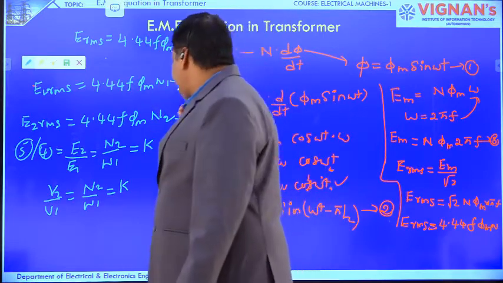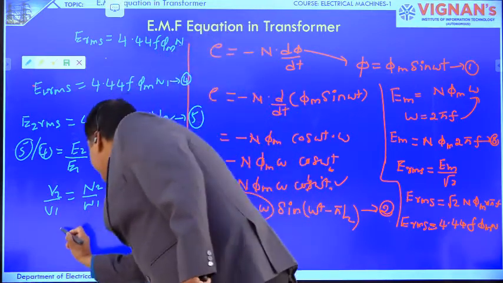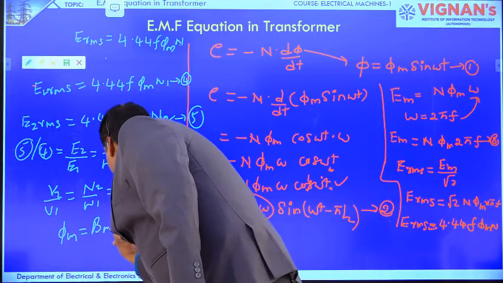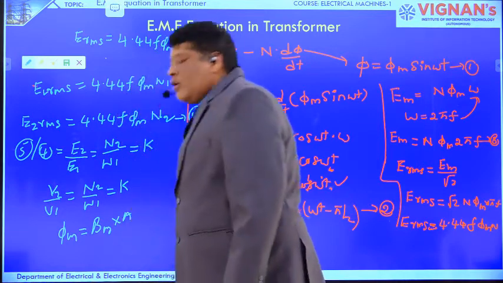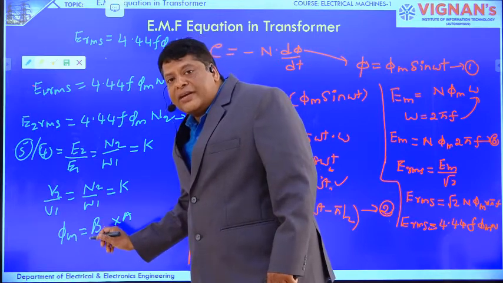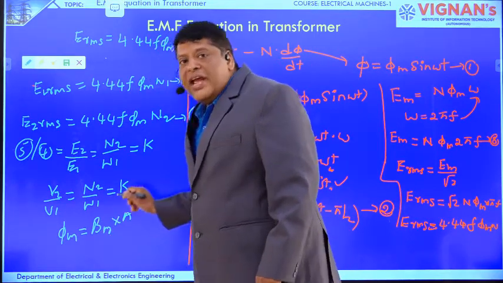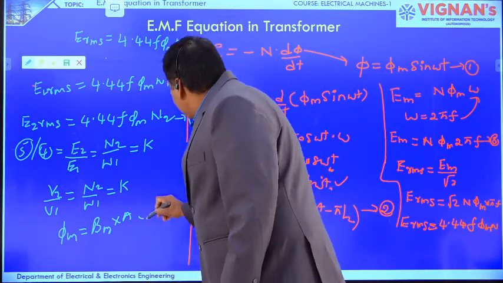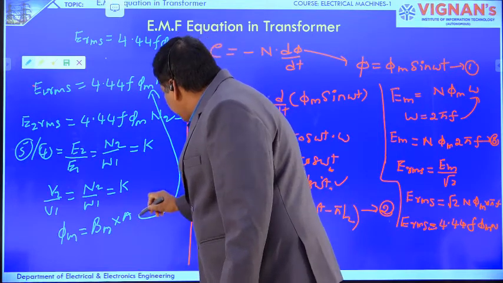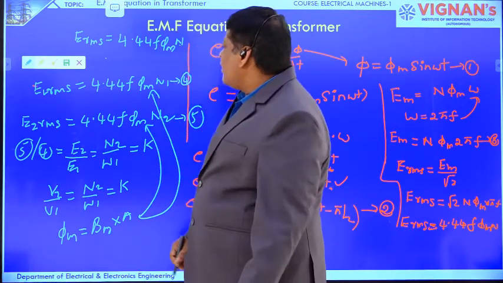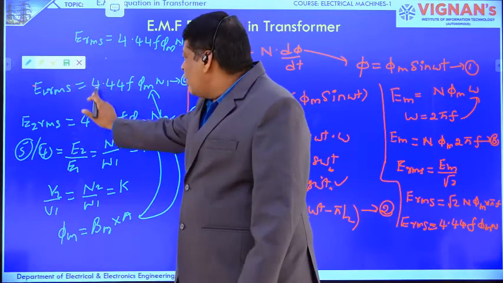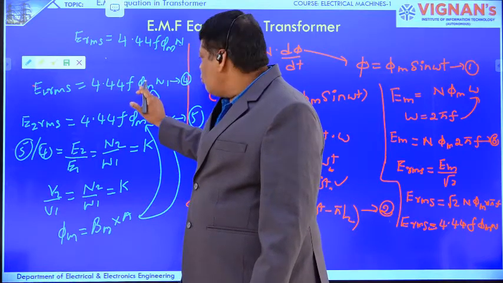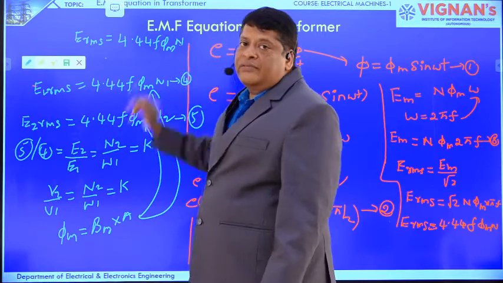So this φm we can write as B maximum into A. Substituting this in the equation, finally we get E1 RMS equal to 4.44 f Bm A N1.